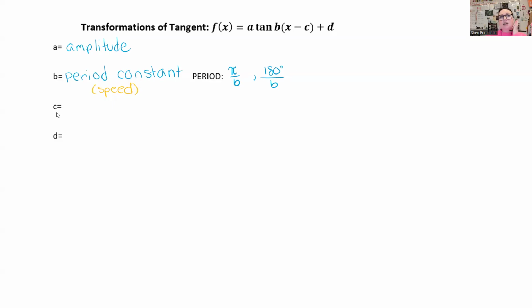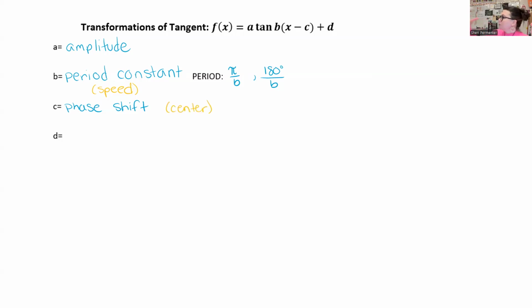Next, C. For the tangent graph, C is your center. It is also called your phase shift. Your phase shift, but for your tangent graph, it's considered your center point.